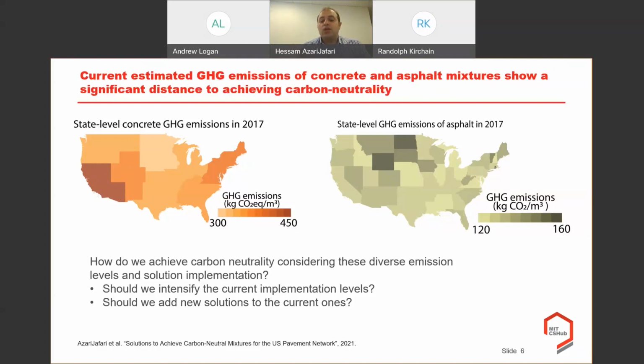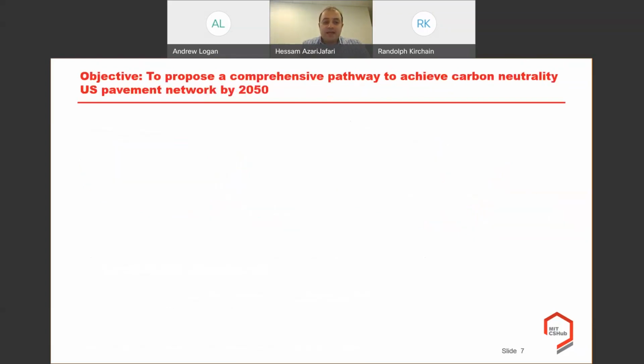So it's very important to incorporate both of these materials in the analysis, and to see, should we intensify the current implementation levels that I showed you in the previous table, and are these levers or solutions enough to achieve carbon neutrality, or do we need to add new solutions to the current ones? So to answer the questions, we defined this objective: to propose a comprehensive pathway to achieve carbon neutrality for the US pavement network by 2050, in compliance with other guidelines and proposals for carbon neutrality achievements.